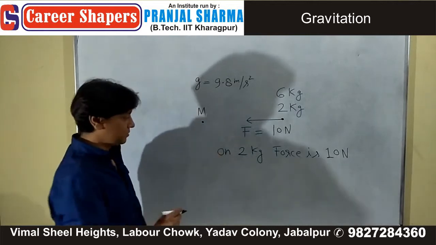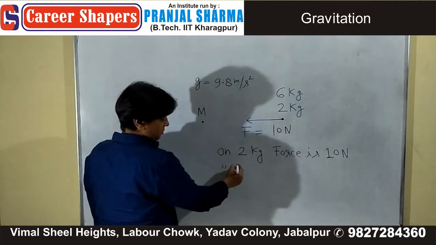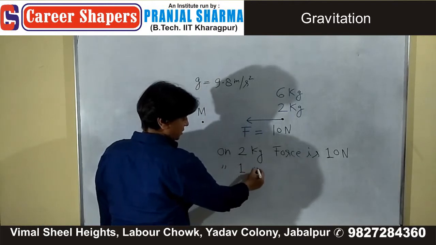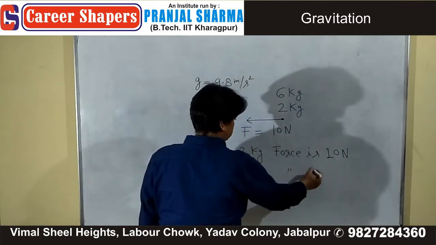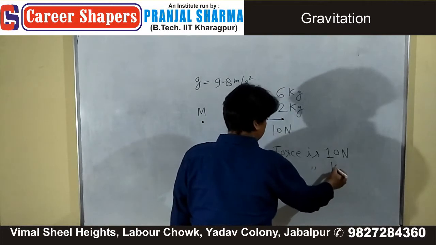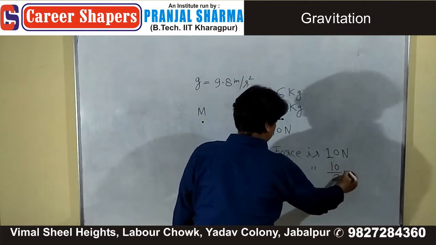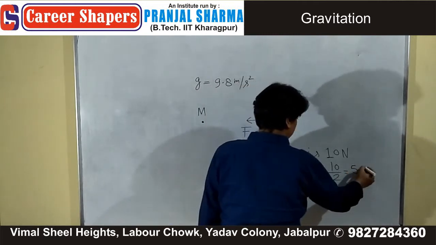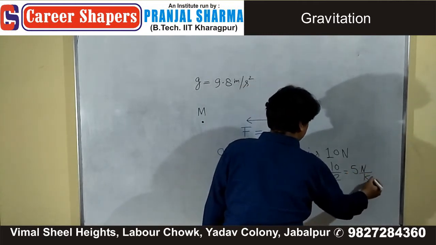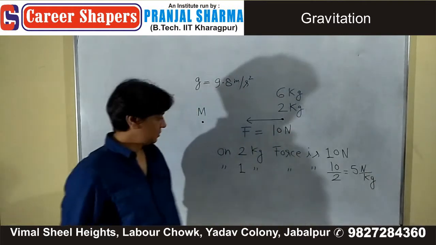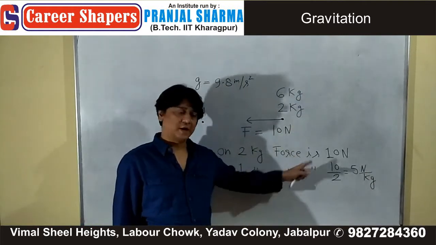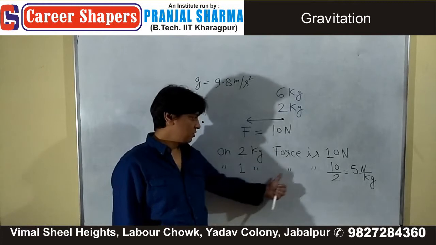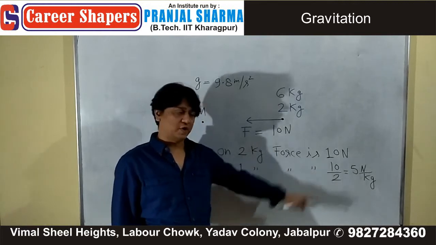On 2 kg, force is 10. And therefore, on 1 kg, force is 10 by 2, which is 5 newton per kg. On 2, force is 10. On 1 kg, force is 10 by 2, which is 5.